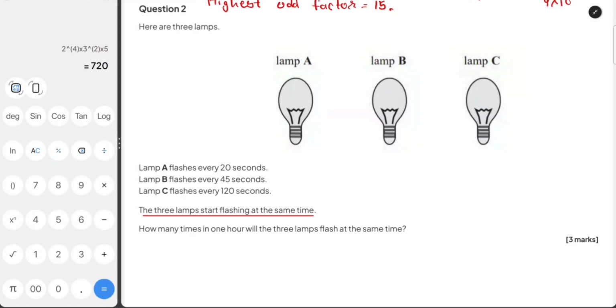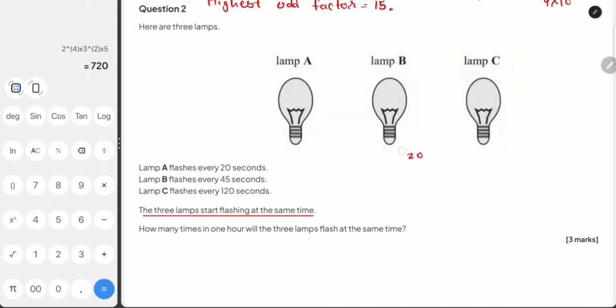We have done this kind of question for sounding together or buses leaving together, so you must now get an idea that for this kind of question they are asking you to find the LCM first and then think about anything else.